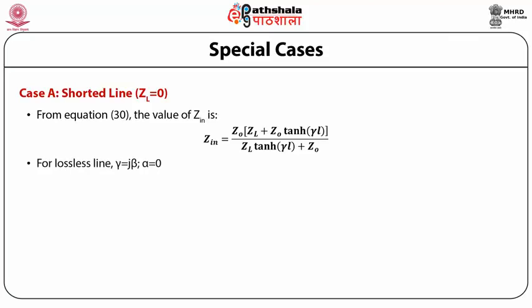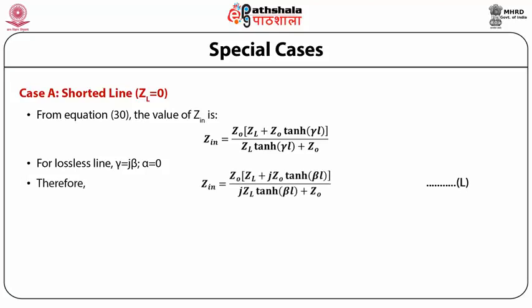So for a lossless line, gamma equal to j beta and alpha equal to 0. Therefore, Zin equal to Z0 multiplied by (ZL plus jZ0 tan of beta L) divided by (jZL tan of beta L plus Z0). This is marked as equation L.